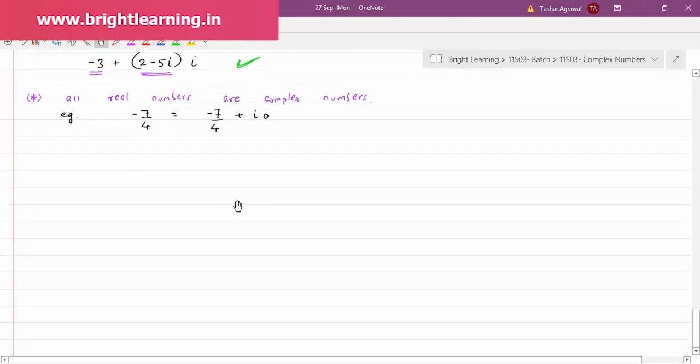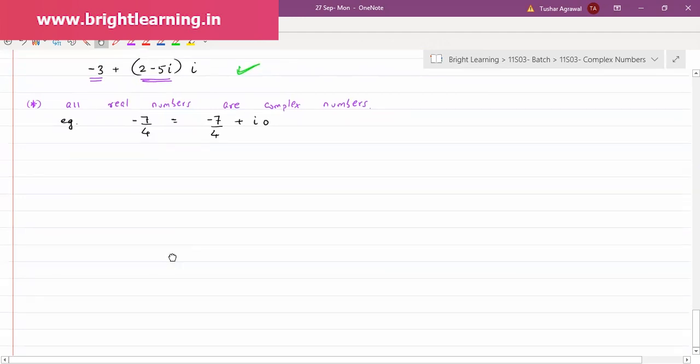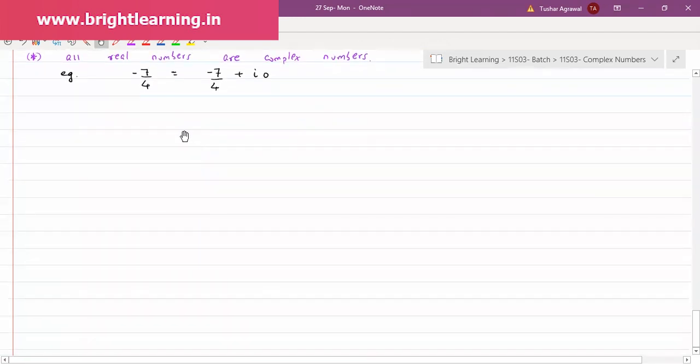Now, if this is the definition of a complex number, what is the meaning of the real part and imaginary part of a complex number?